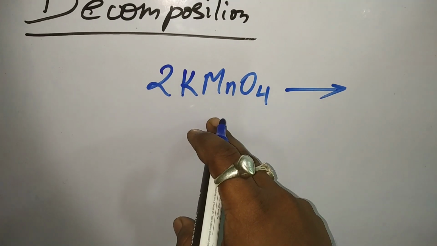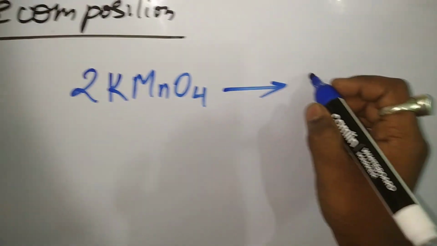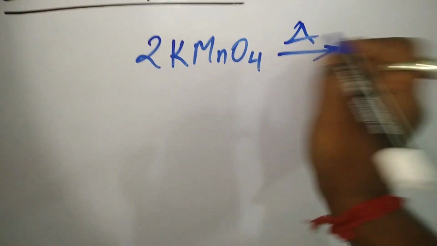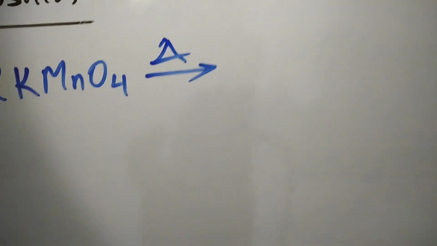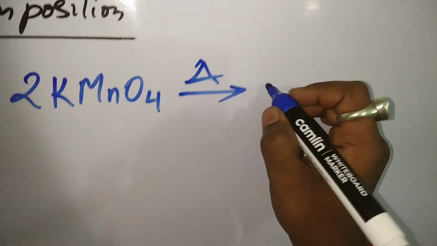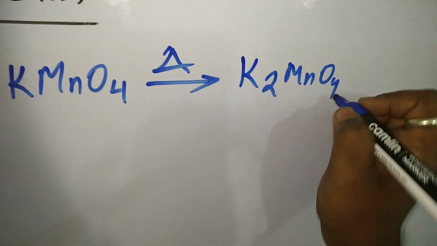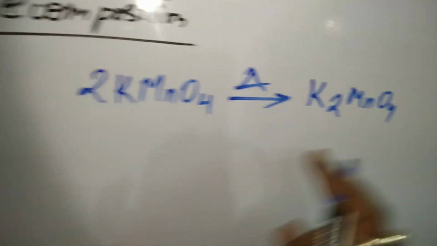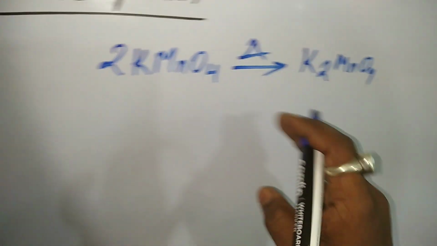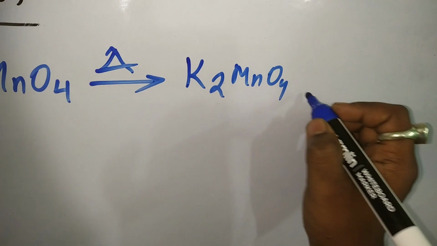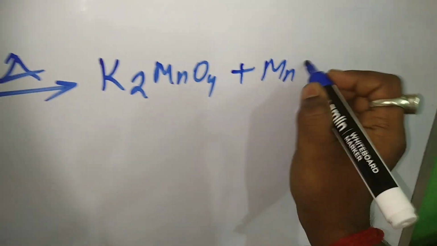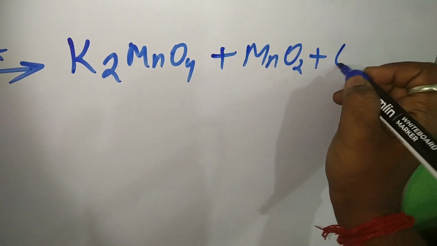We can consider this compound, potassium permanganate. When we give heat, it breaks into K2MnO4, potassium manganate, and also MnO2 plus O2.